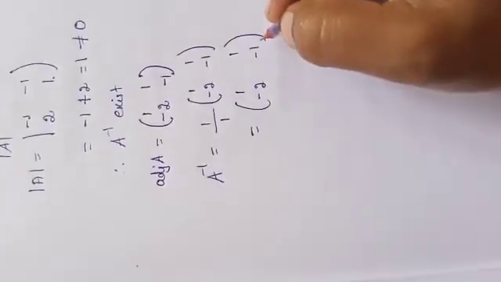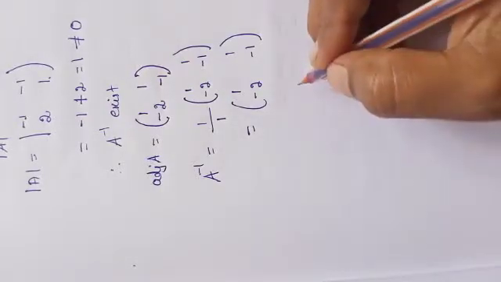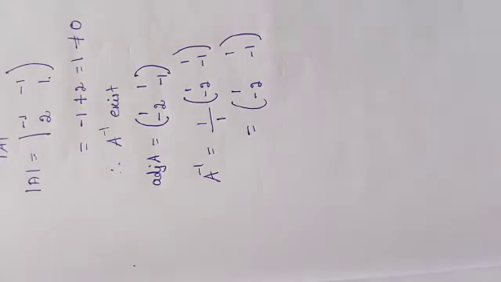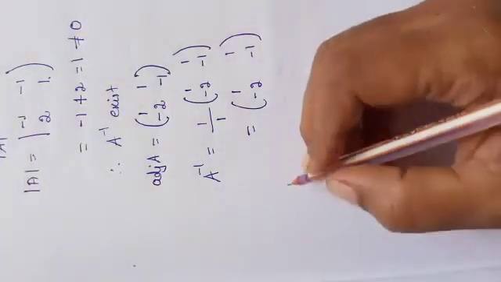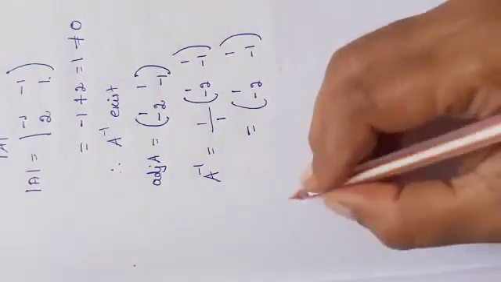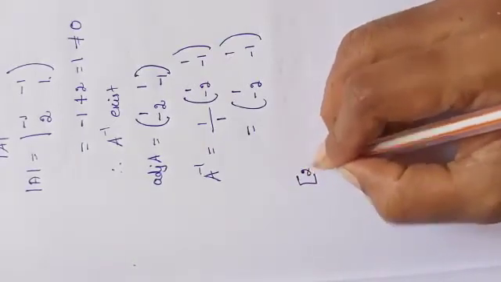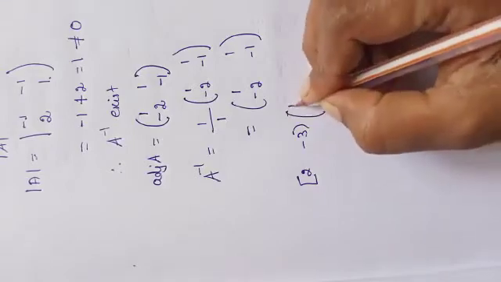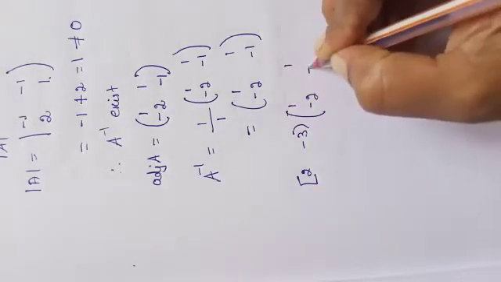Now we have to find the decoded message: coded message into decoding matrix will give us the decoded message. So first coded message, that is 2, minus 3, into this decoding matrix [1, 1; minus 2, minus 1].